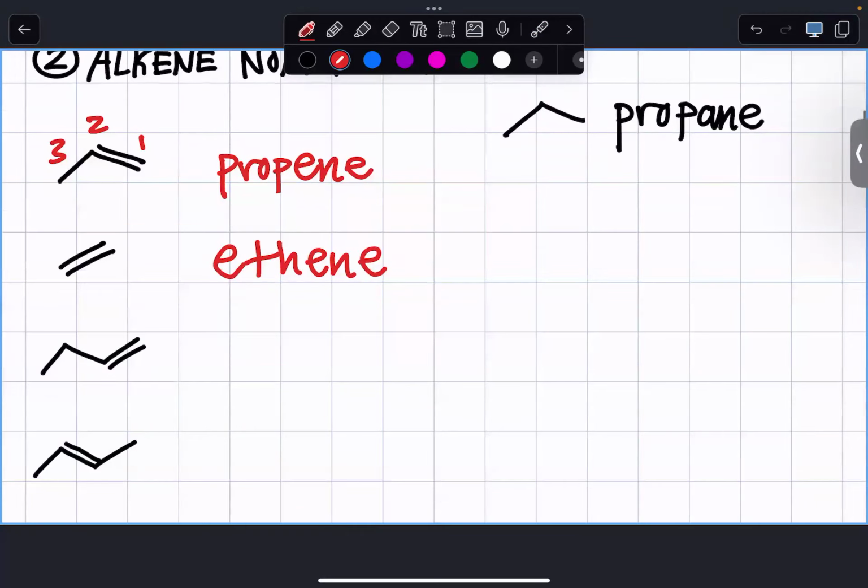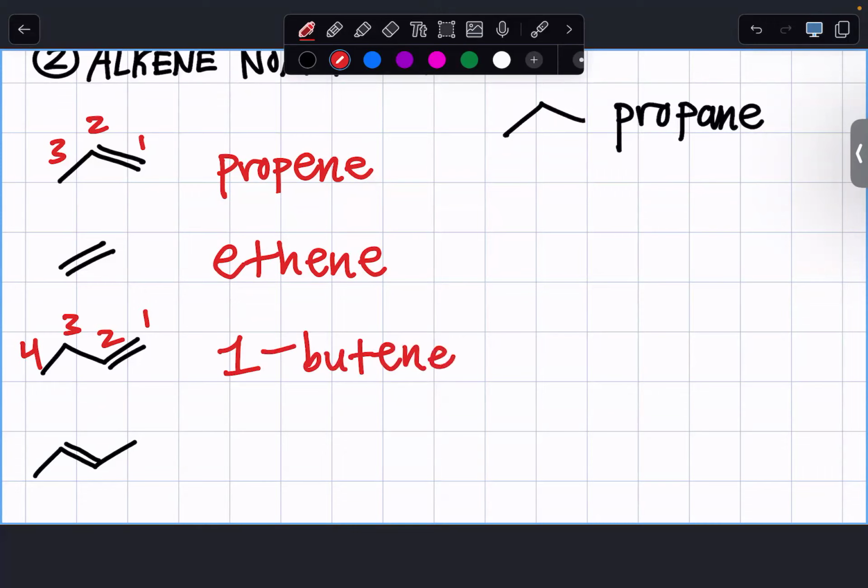And for this one though, like the 1, 2, 3, 4, we do have to put where the alkene is because the alkene could start from carbon 1 or it can start from carbon 2. This is 4 carbons long, so we could say 1 butene to show that the alkene starts at carbon 1, or you could say but-1-ene.